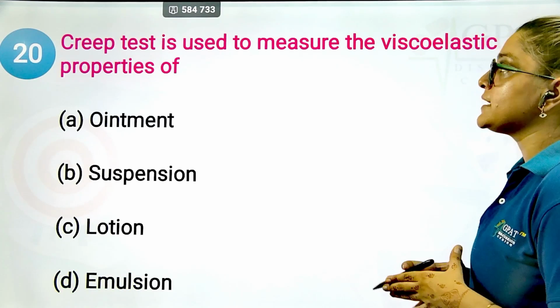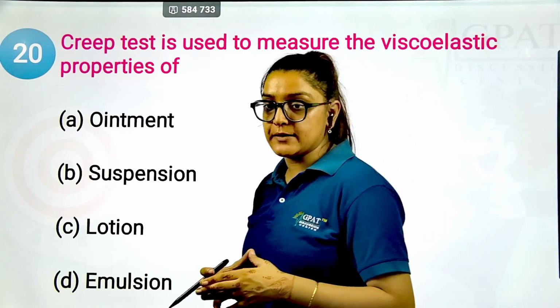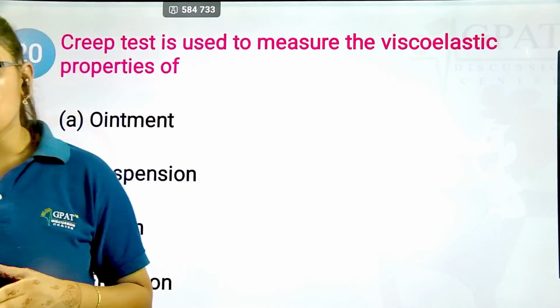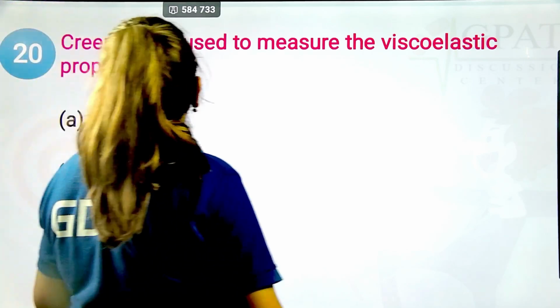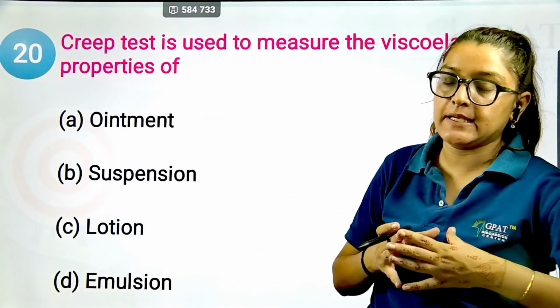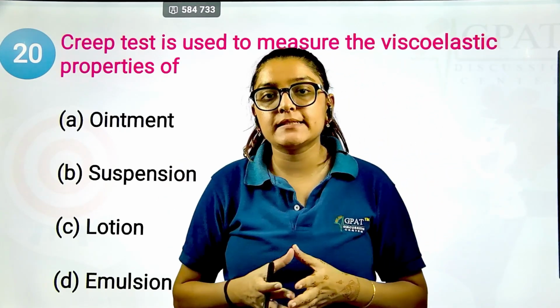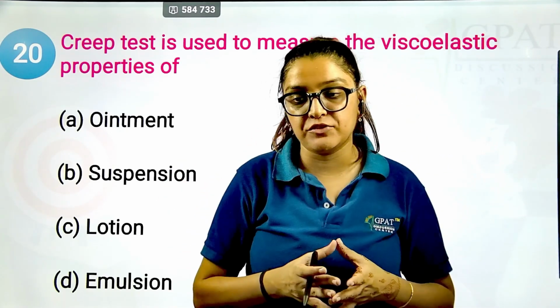Next, creep test is used to measure the viscoelastic properties of ointment, suspension, lotion or emulsion. So here, as mentioned before, creep testing is mainly done for the viscoelastic models, right? So this creep testing will allow us to assess the viscosity as well as elasticity of the material.